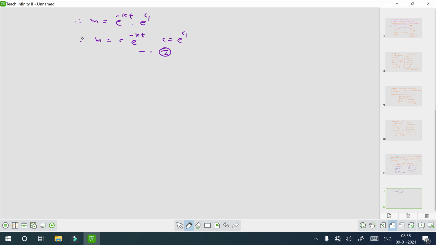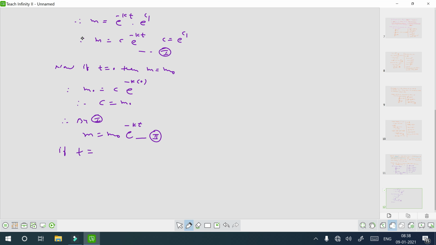That means here we are converting in terms of exponential form. Clear? Yes. Now, if t is equal to 0, then m is equal to m0, that we are supposing. m0 is equal to c e raised to minus k into 0. So c comes out m0, and therefore by 1, what is m? m0 e raised to minus kt. Say equation number 2.